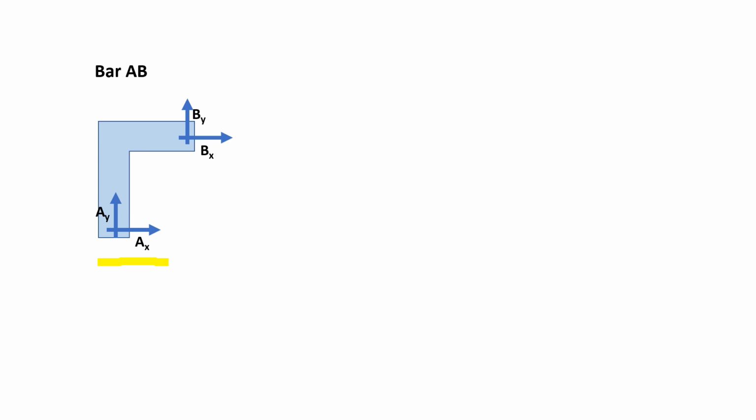So, how will we consider this as a 2-force member? The bar would have 2 points, A and B, where the force is exerted. You connect those 2 points with a line, and the two forces, opposite in direction and equal in magnitude, would be acting along the line of action here.